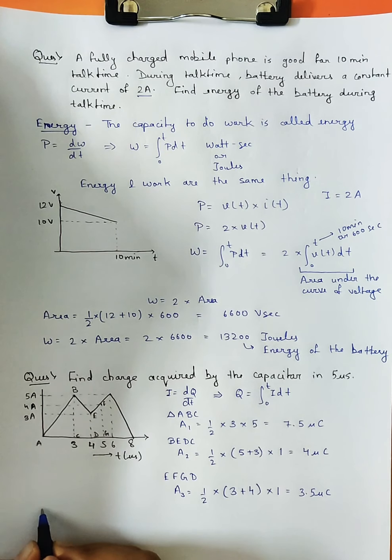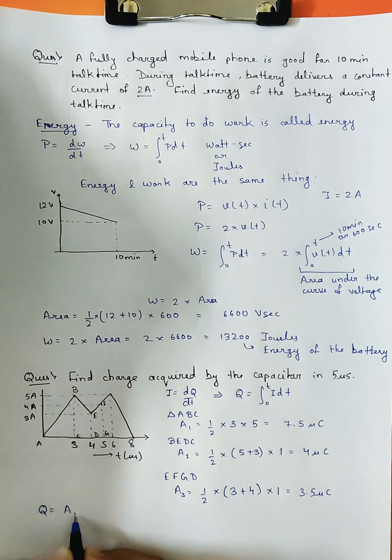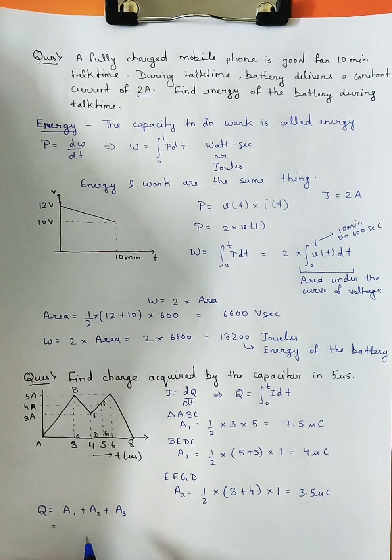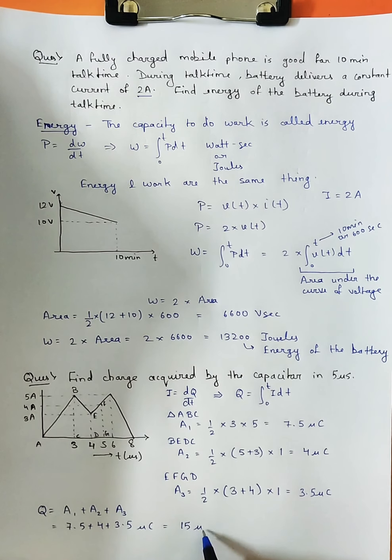So total charge Q will be equal to A1 plus A2 plus A3, sum of the three areas, that will be 7.5 plus 4 plus 3.5 microcoulomb, that will be equal to 15 microcoulomb.